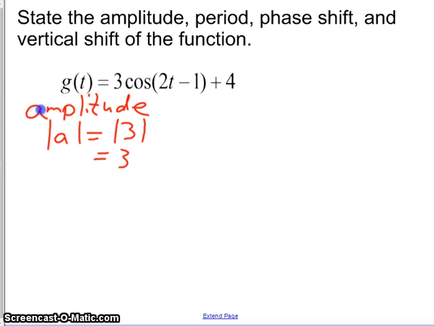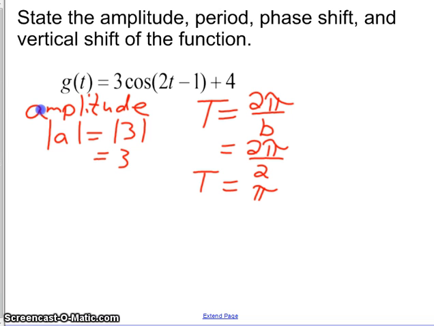Period for sine or cosine is 2 pi over B. And in this case, B is 2. So the period is pi.